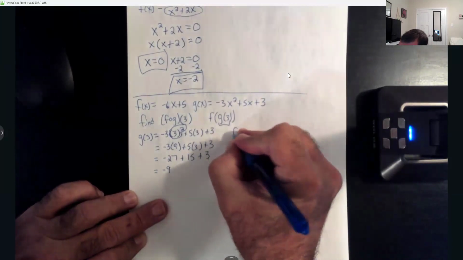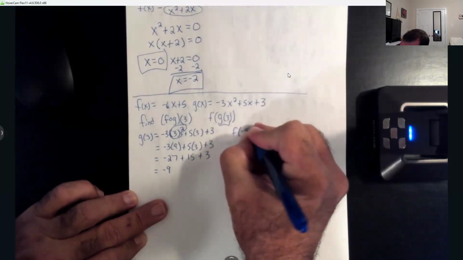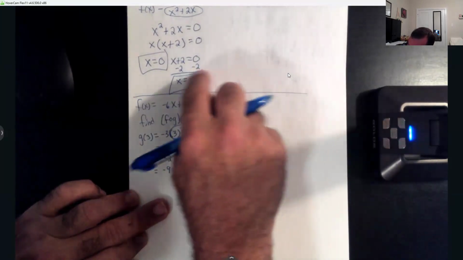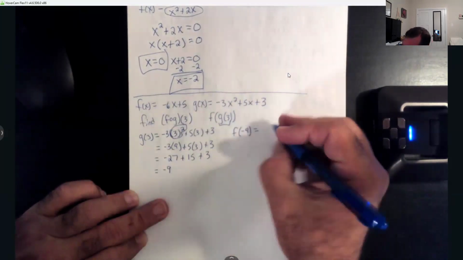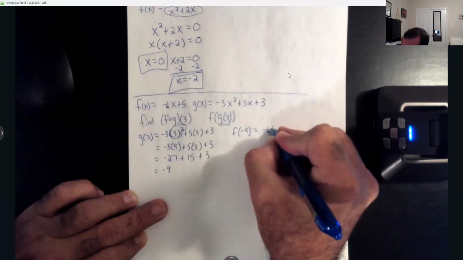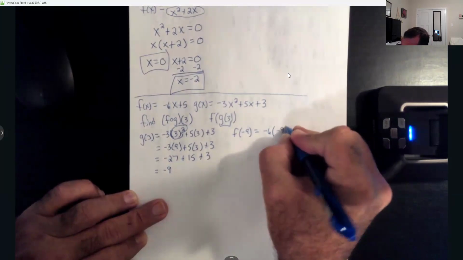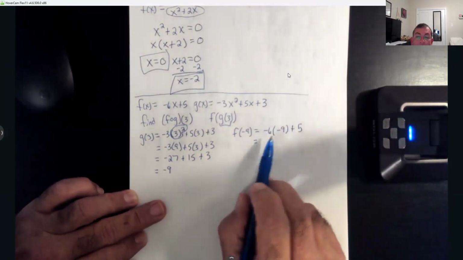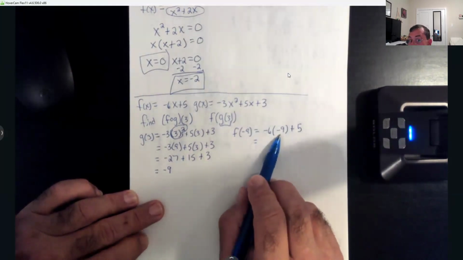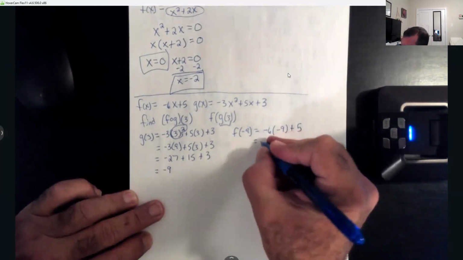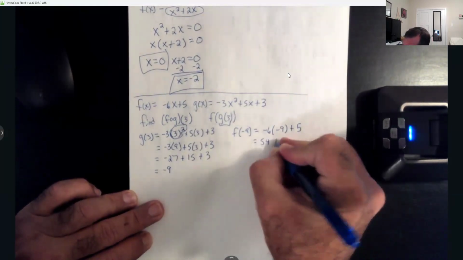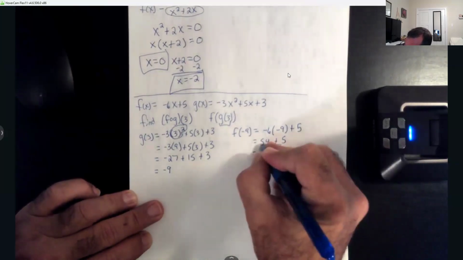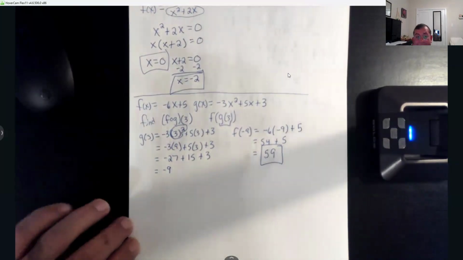So now we find F of that negative 9. So we take the negative 9 we got here and plug it in for this x. So negative 6 times negative 9 plus 5. All right, so negative 6 times negative 9 is a positive 54 plus 5, which gives us 59.